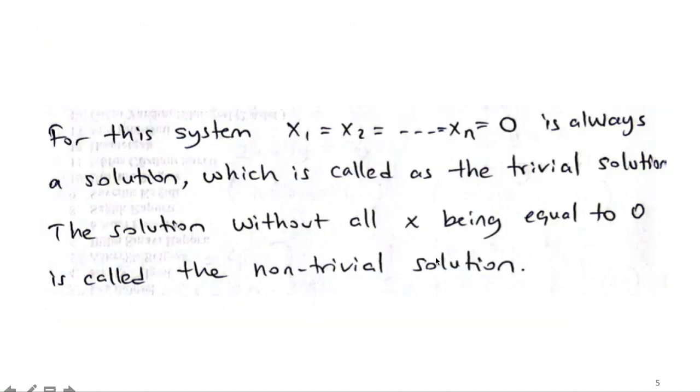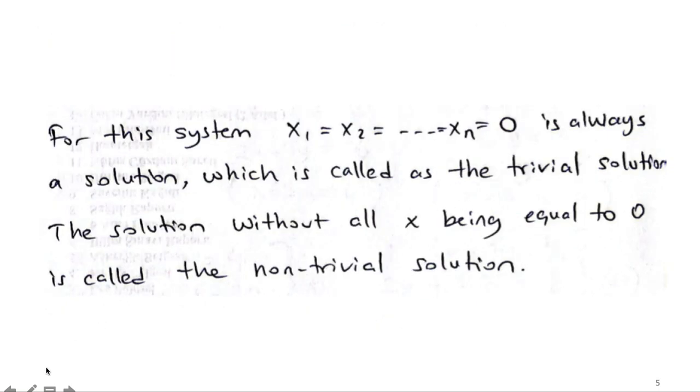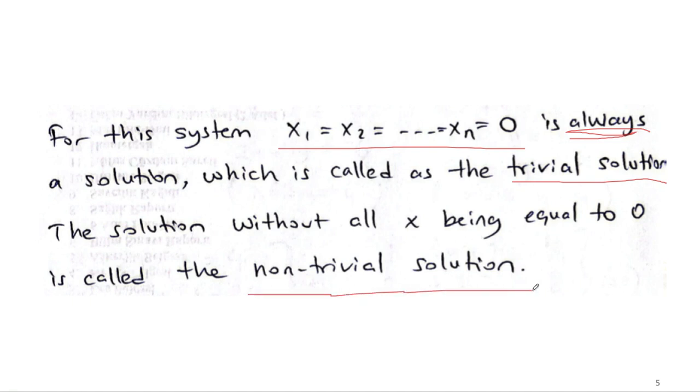And for this system, notice that, if this is the homogeneous system, we can always solve it by the so-called trivial solution. The trivial solution means all the x values are equal to 0. So this is always a solution, which is called a trivial solution. The solution without all x being equal to 0 is called a non-trivial solution.